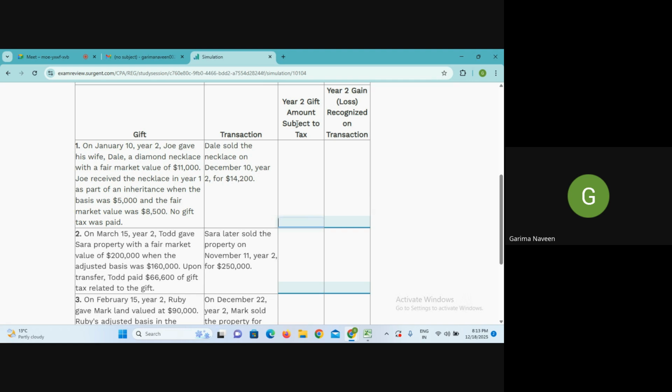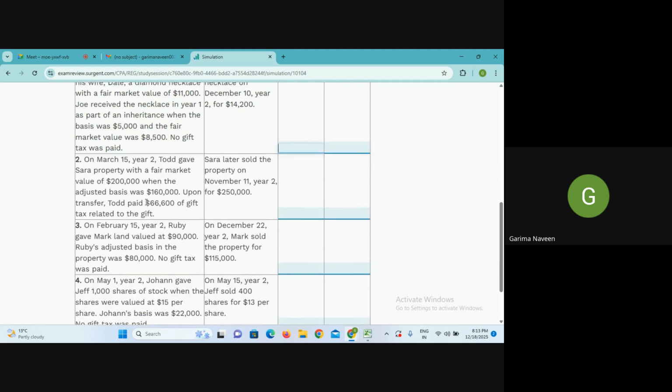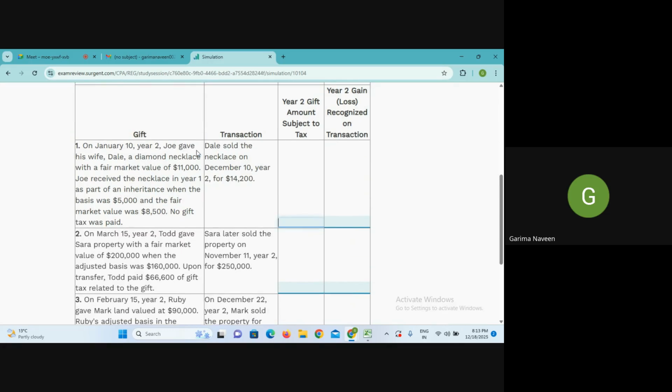Okay, so let me explain the first question, then you will try next these questions. So first of all, they are asking for gift taxes. When you gift someone a property, it will be subjected to tax, and the taxes will be paid by the donor only, on the gift.